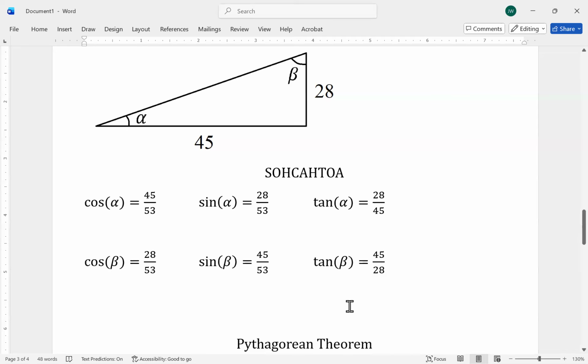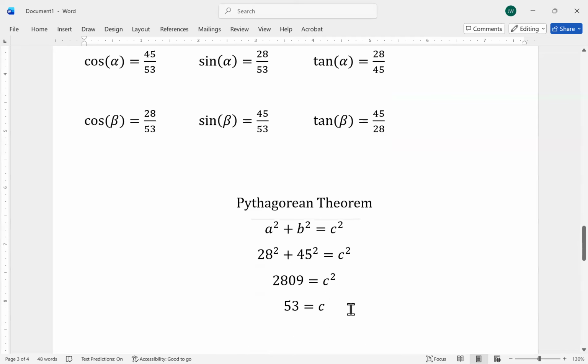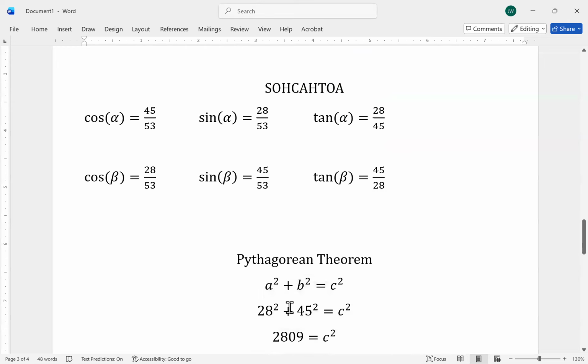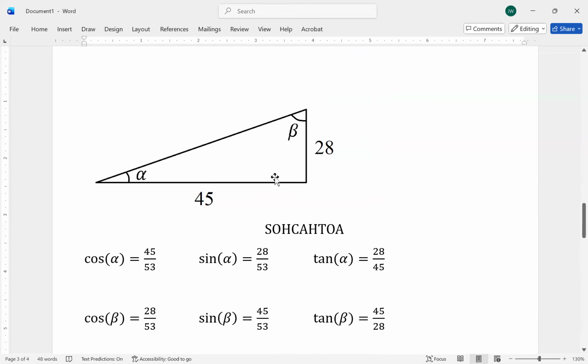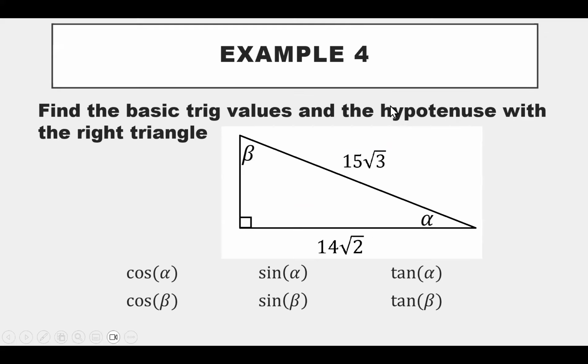So there you go. We can use the Pythagorean theorem to say if you know any two sides, we can find the third and then use that with SOHCAHTOA to find cosine, sine, and tangent of all these angles. In example 4, it asks us to do that same thing, except this time, you're given one of the legs and the hypotenuse length.